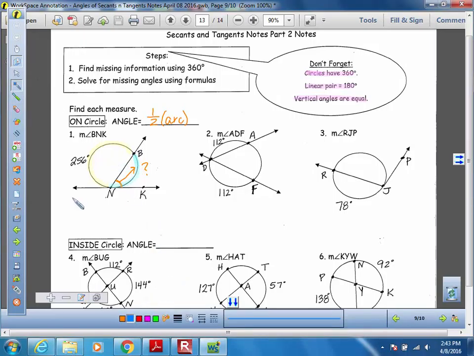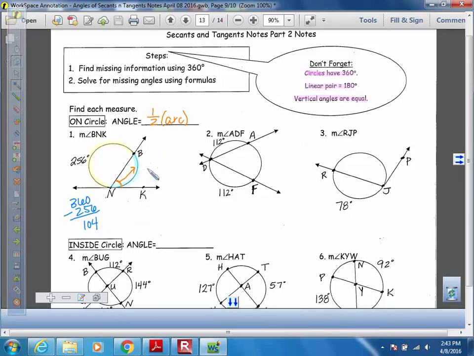So I could just subtract 256 from 360, and that's going to give me what's left of the circle. So when I subtract the 2, that's going to give me 104. So I now know that this arc measure is 104. Okay? So now we just plug into our formula. We do 1/2 of 104, and my angle measure equals 52 degrees. Very good.